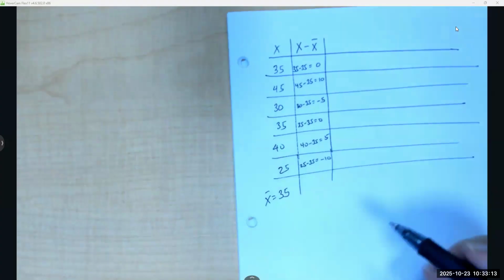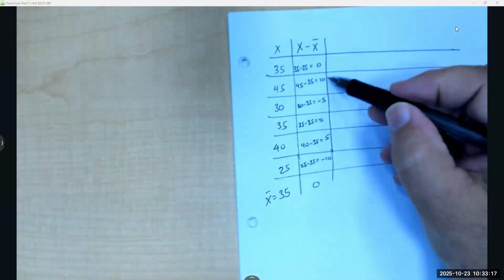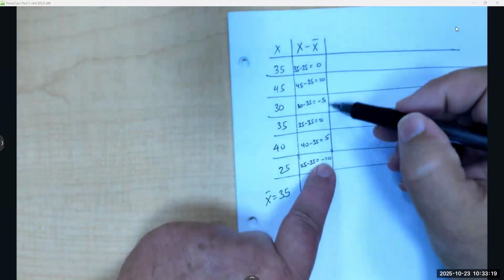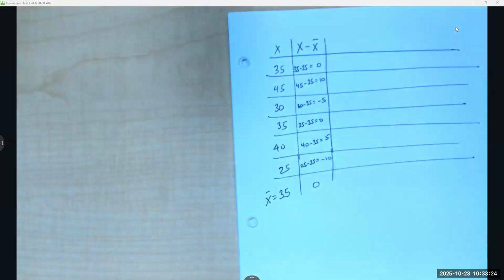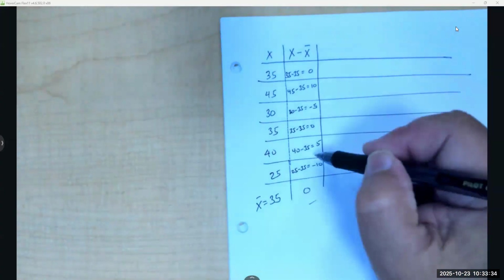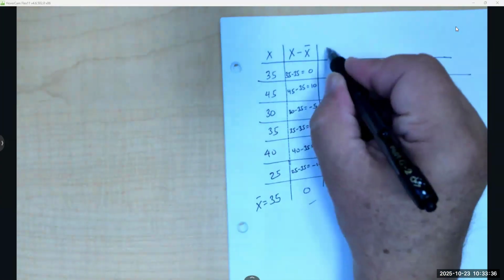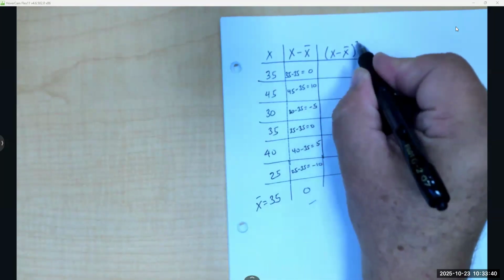If we add them together, what should it equal? It should, yes. So 10 and negative 10 cancel, negative 5 and 5 cancel, and 0, so it's 0. So that's a good check mark. Then what do we do? Get rid of the negatives. How do we do that? Square the number.